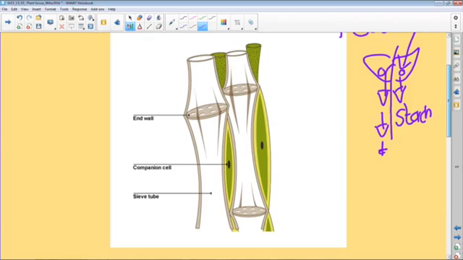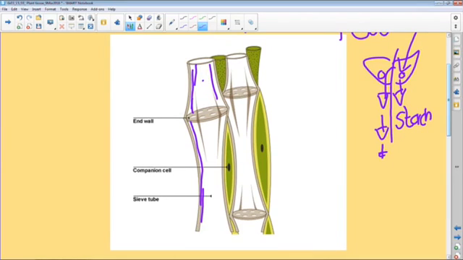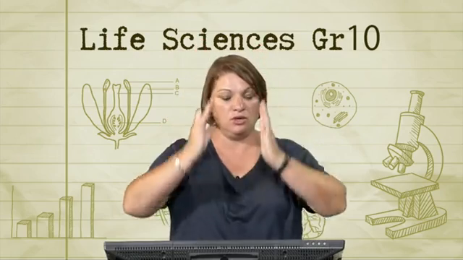Now, let's have a look at how the phloem is slightly different to my xylem. Whereas my xylem was hollow, here we've got little bits of cytoplasm on the side, and the rest is hollow. And what we've got are these little things called end plates. Now I want you to imagine something. The water we need to get upright, but you can't have food go in a big blob and fall to the bottom.